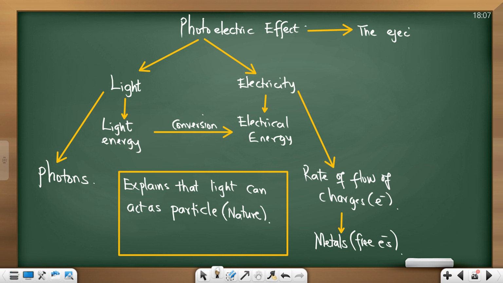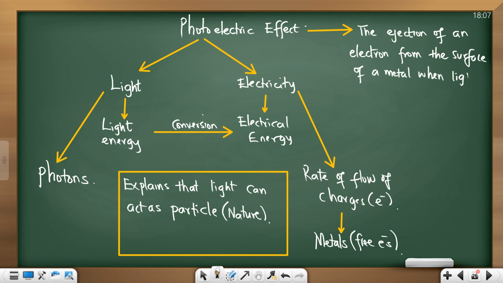It is the ejection of an electron from the surface of a metal when light of suitable frequency, and that word is important, when light of suitable frequency shines on it.